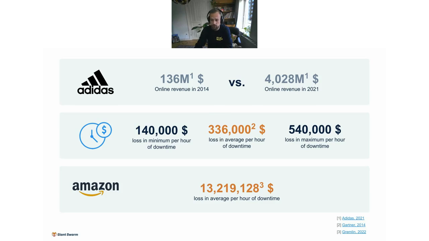They came up with an average of 336,000 US dollars per hour, and also a minimum and maximum. In this range, you can expect costs per hour when you have a downtime. Those numbers are from 2014.